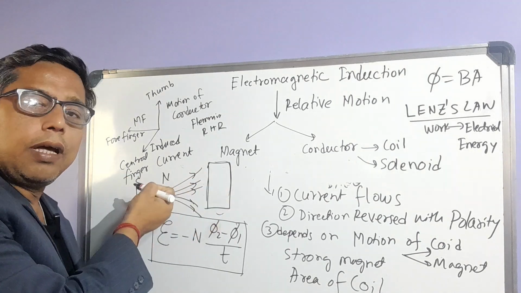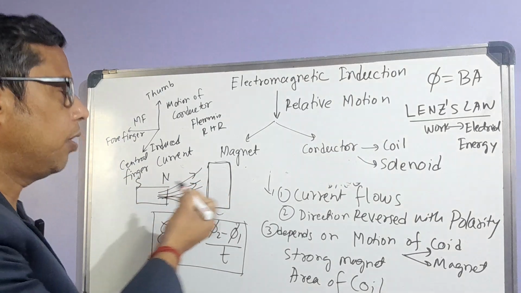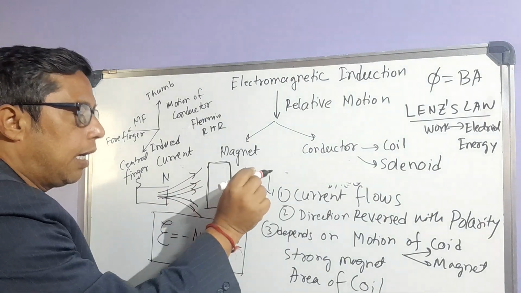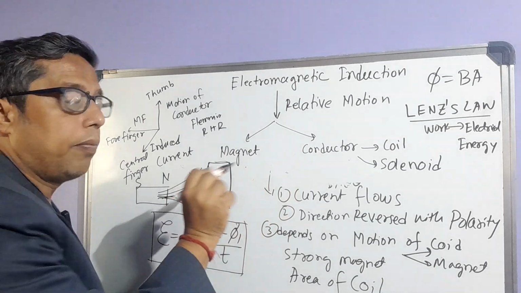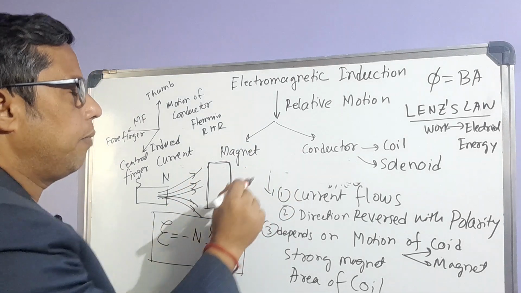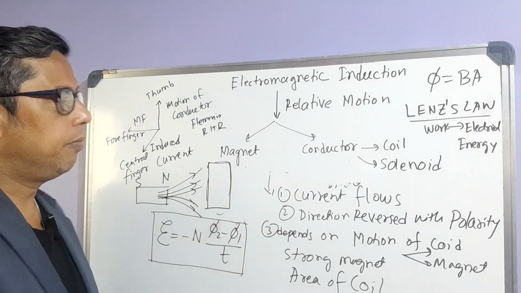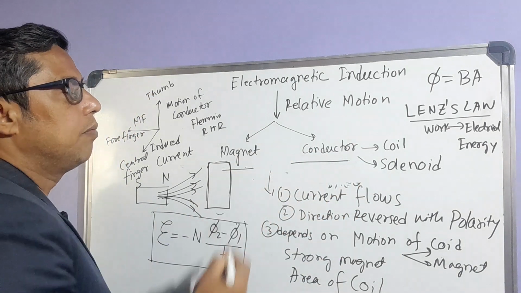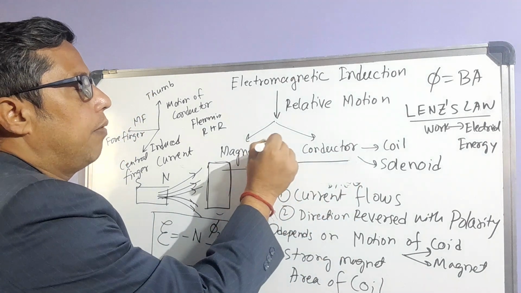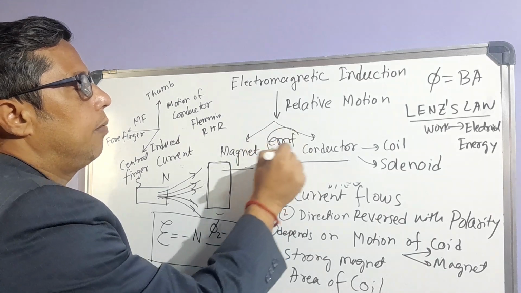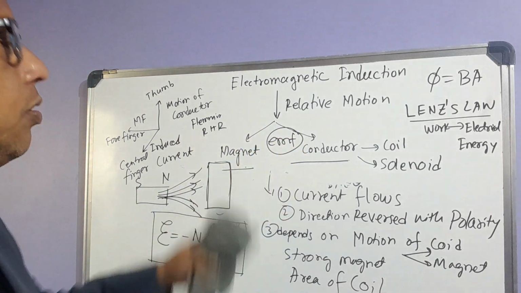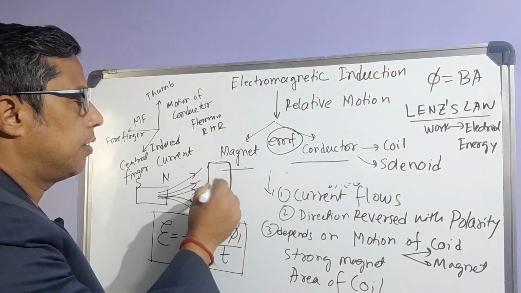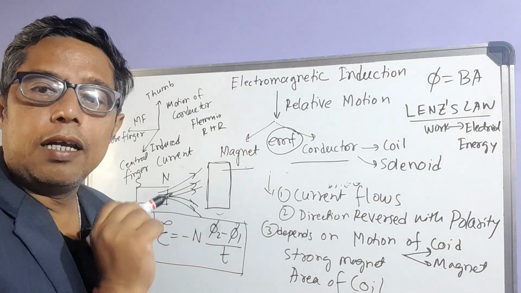I can take the magnet away from the conducting wire, or I can take the conducting wire away from the magnet. In all cases we are making a relative motion between the magnet and the conducting wire. Whenever there is relative motion, an EMF will be induced. So induced EMF is caused by the change in magnetic flux exposure on the conducting wire.